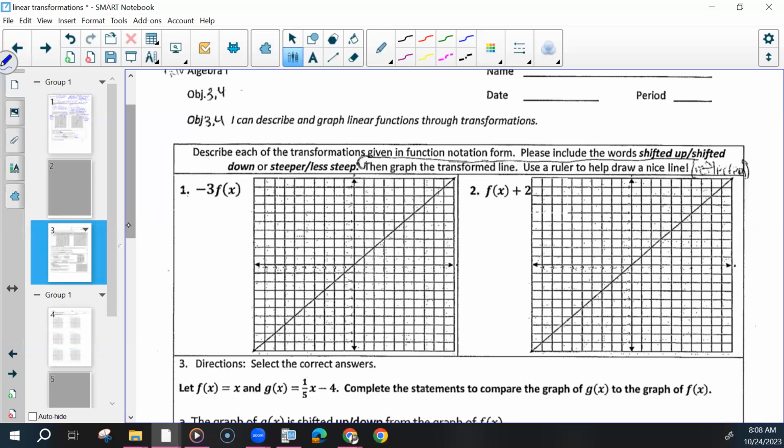Okay, so we have to again describe and graph. So this one we are going to use a whole line. So what happened with this? It's steeper and it reflected.